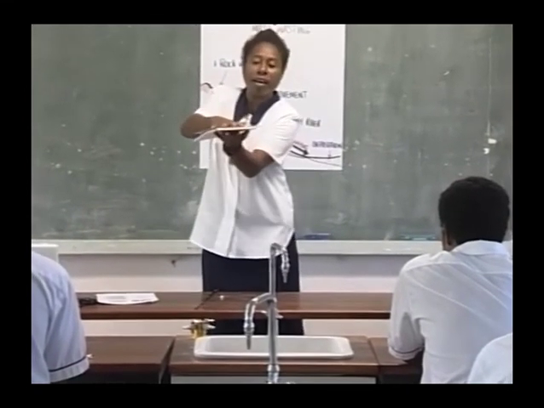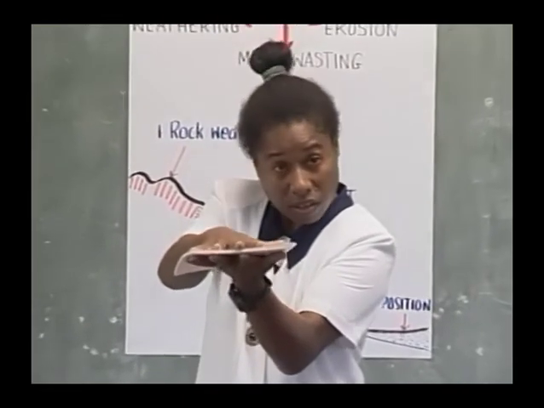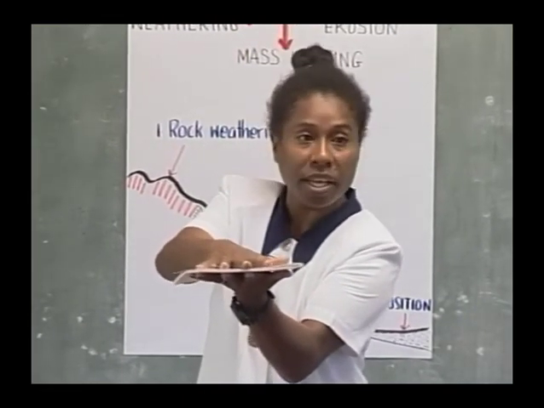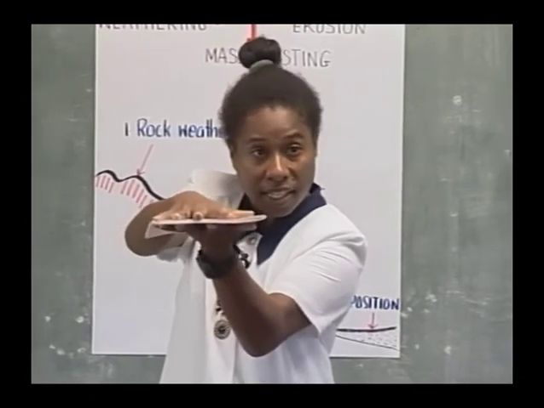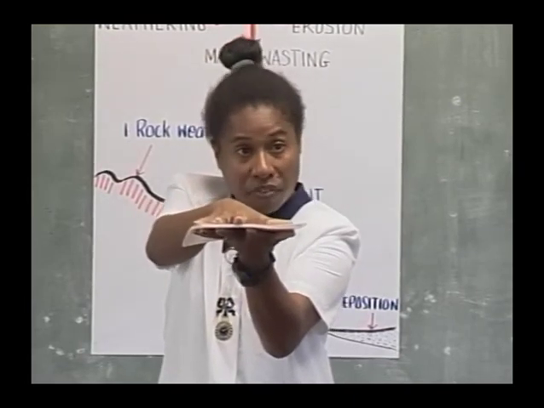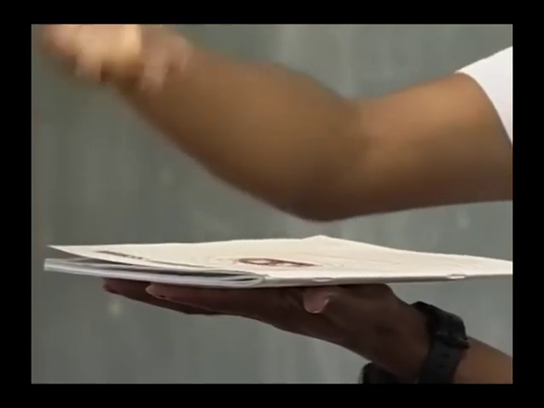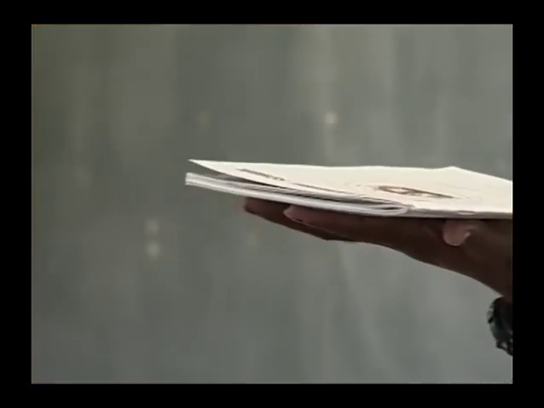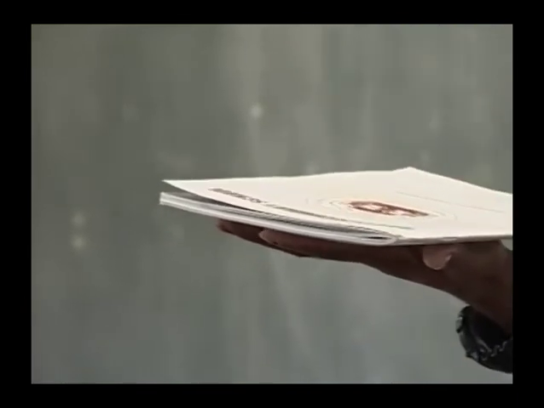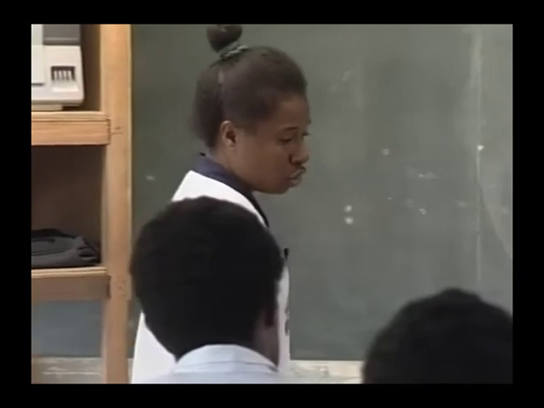My hand might act as the pressure on the surface on those rocks which are beneath. Let's concentrate on this side of the book. Pressure exerted, all the pages are closed, very close together. What happens when I remove my hand? You can see the splitting occurring, and that's exactly what happens to rocks under the surface when rocks on the surface are removed. That is an example of physical or mechanical weathering, and it comes under pressure release jointing.